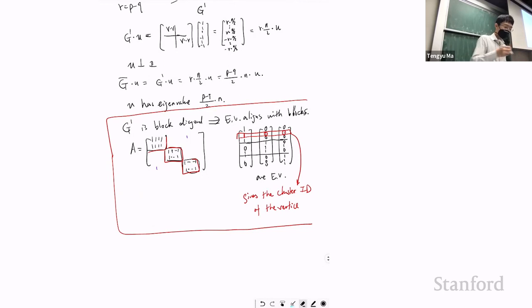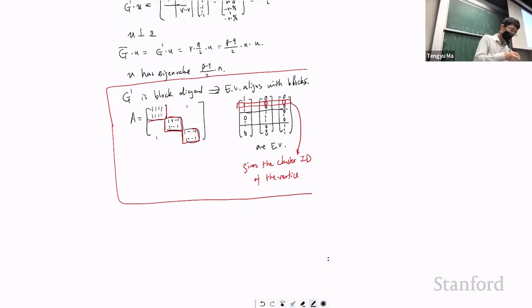Maybe another way to think about this is if you have 2 blocks. If you don't have any background noise, then the eigenvectors will be 1, 1, 1, 0, 0, 0 and its complement. These will be the 2 eigenvectors. But when you add a background, you can represent these eigenvectors in 2 different ways, right?